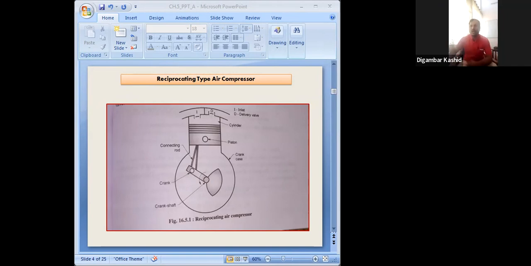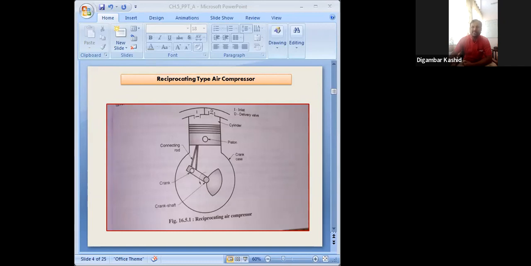Getting it? Now how does it operate? Here I have shown the position at the end of the exhaust or outlet stroke. But during the downward motion of the piston, the inlet port opens, and through this inlet valve atmospheric air comes inside the cylinder as the piston moves downward.